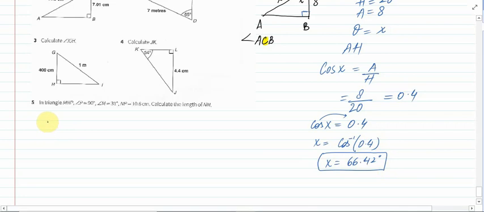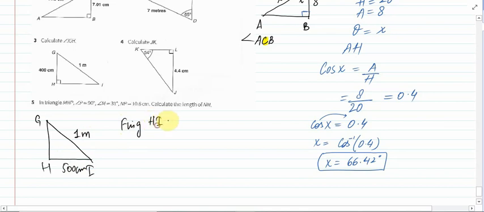Another question. GHI, it's 1 meter, it's 500 centimeter, and the question says find angle HIG, right?